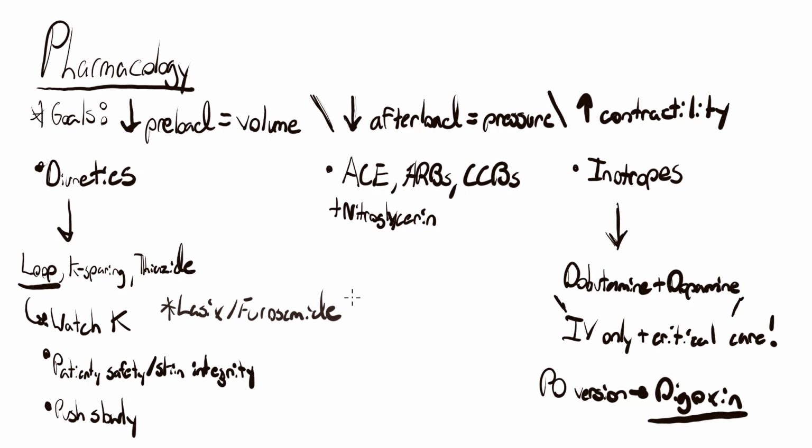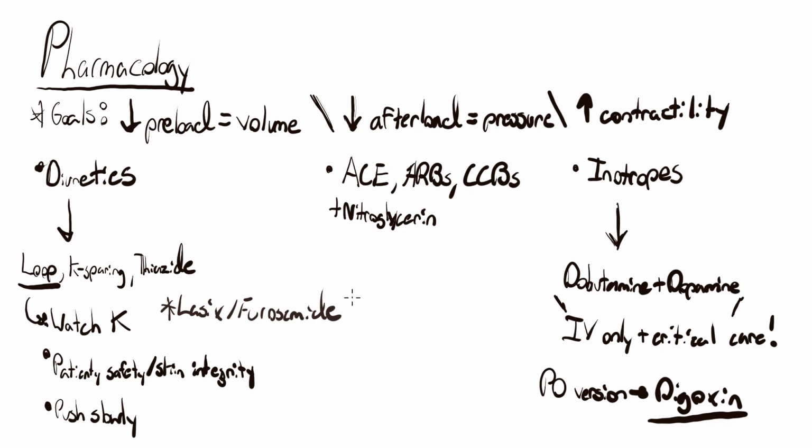Very, very common. Lots of people on Lasix. I would say frontline medication for heart failure. There's potassium-sparing diuretics like spironolactone, and there's thiazide diuretics, which all end with thiazide, like hydrochlorothiazide.